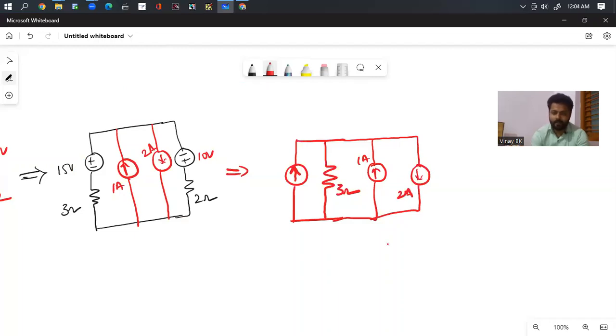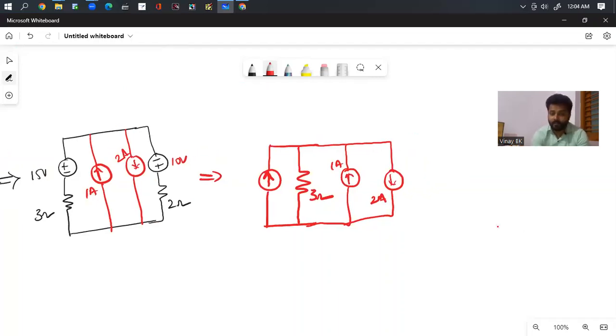Again, you convert this 10 volts 2 ohm into a current source. The circuit will be like this, the current source pointing downward, in parallel with the same value of resistor, that is the 2 ohm resistor.